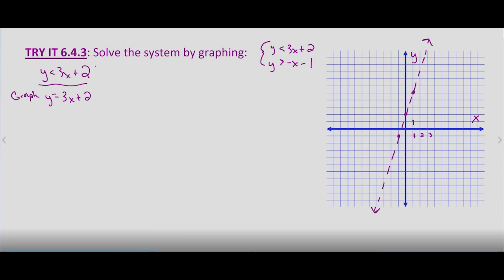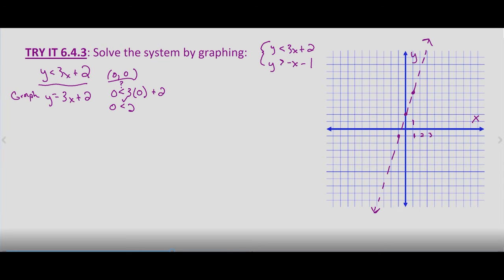This one's closer to vertical, so it's hard to tell if we mean right or below, but either one means the same thing. So let's test the point (0, 0). Is 0 less than 3 times 0 plus 2? So is 0 less than 2? It is. So we know we want to shade the right-hand side of this.